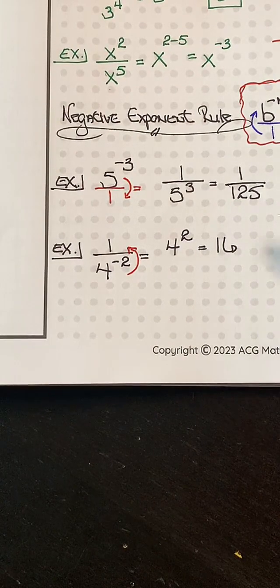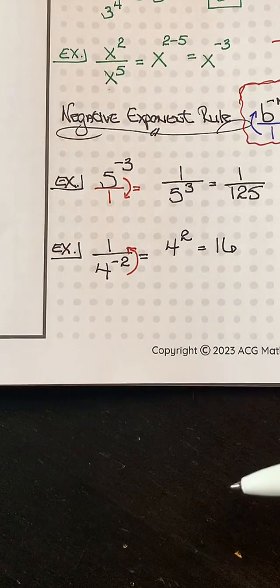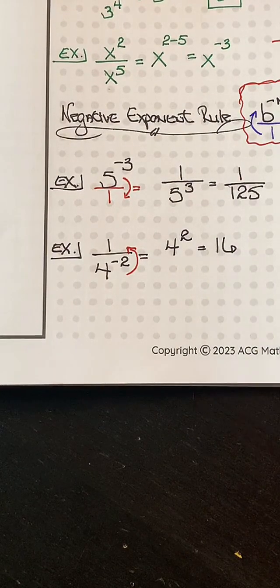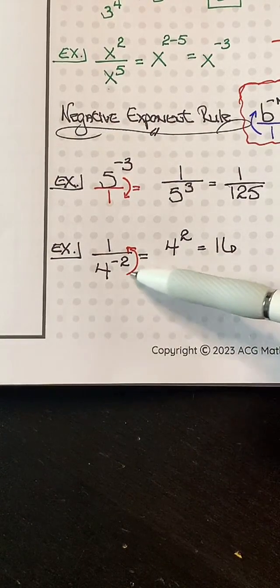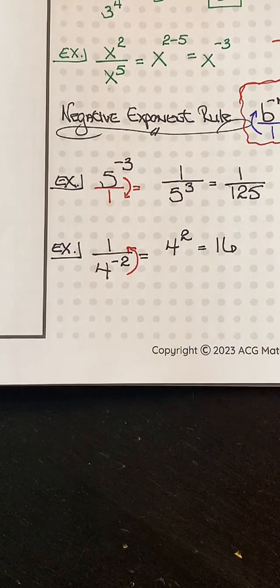Where does the 1 go? The 1 can actually stay, because anything times 1 is going to be itself, anything divided by 1 is going to be itself. So it's still not going to be a fraction when you move it up into the numerator.